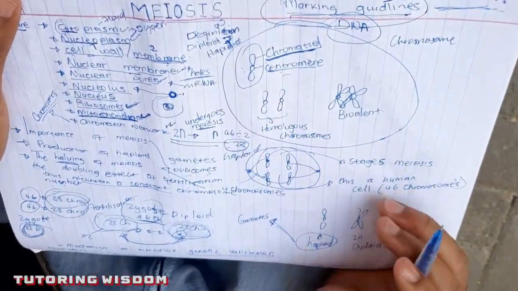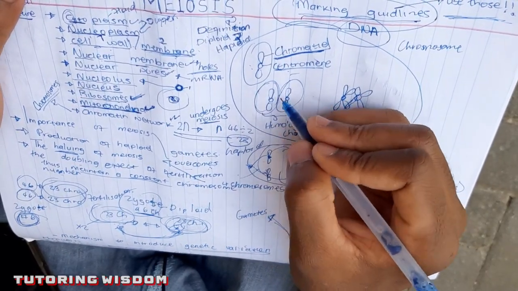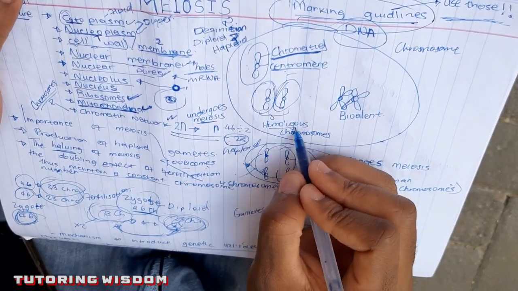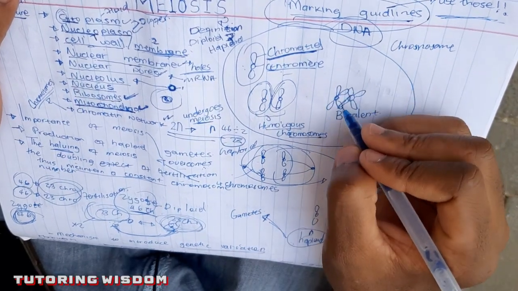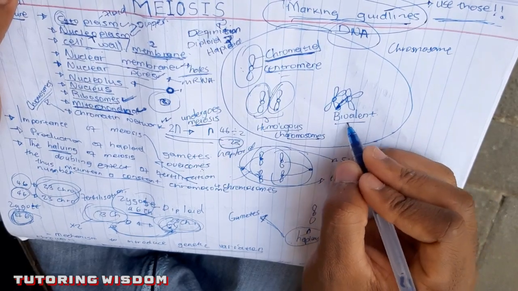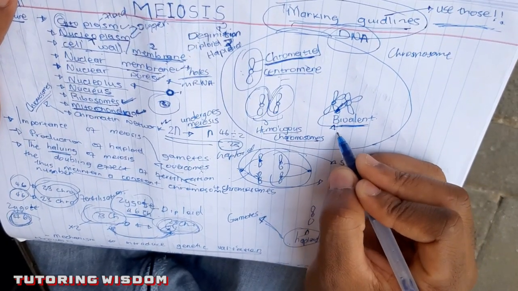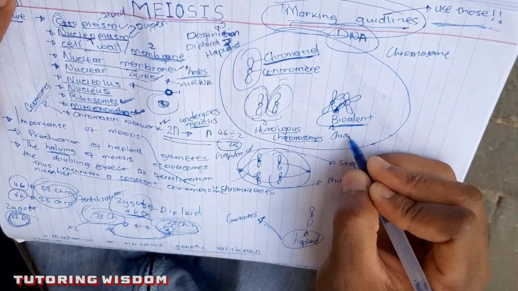We also have to know that chromosomes in pairs are called homologous chromosomes, but chromosomes during crossing over are called a bivalent. And then this part on a chromosome is called your chiasma.